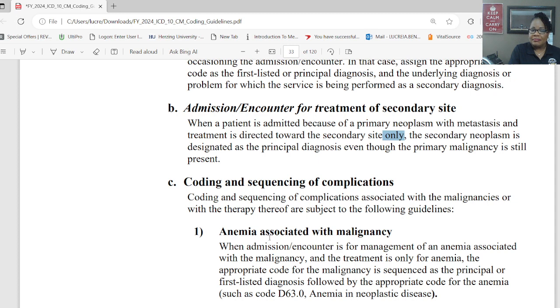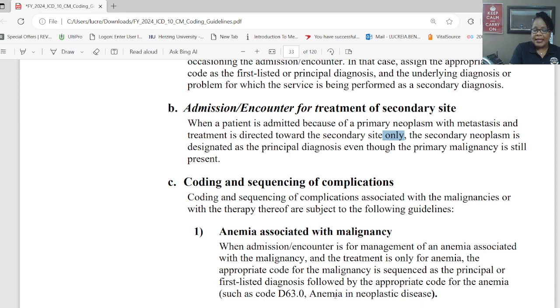Anemia associated with malignancy. When admission or encounter is for the management of an anemia associated with the malignancy, and the treatment is only for the anemia, then the appropriate code for the malignancy is sequenced as the principal or first listed diagnoses, followed by the appropriate code for the anemia.